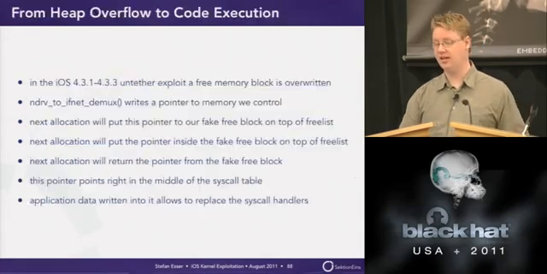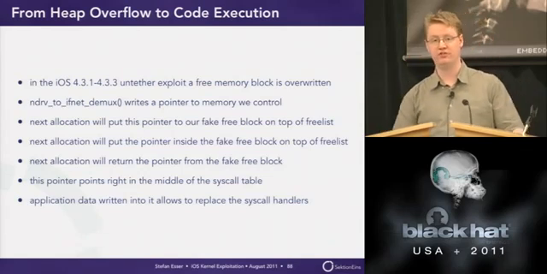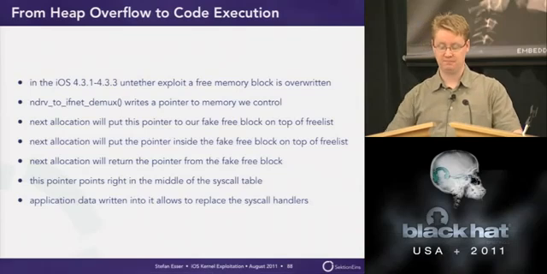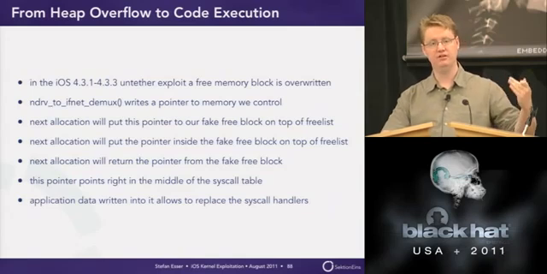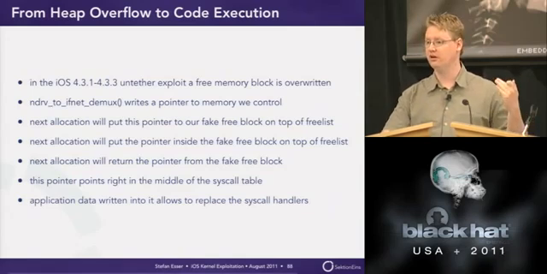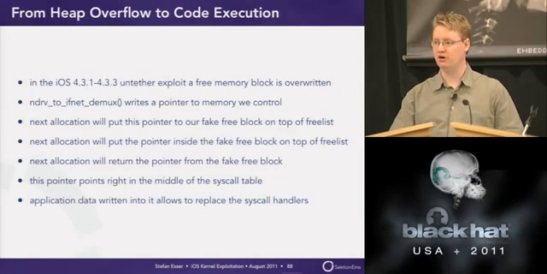Okay, so to make things short, in order to get code execution here, we attempt to overwrite a free block, and the idea is to replace the pointer inside the free list. But we cannot do that because we cannot control what is overwritten by the overflow.